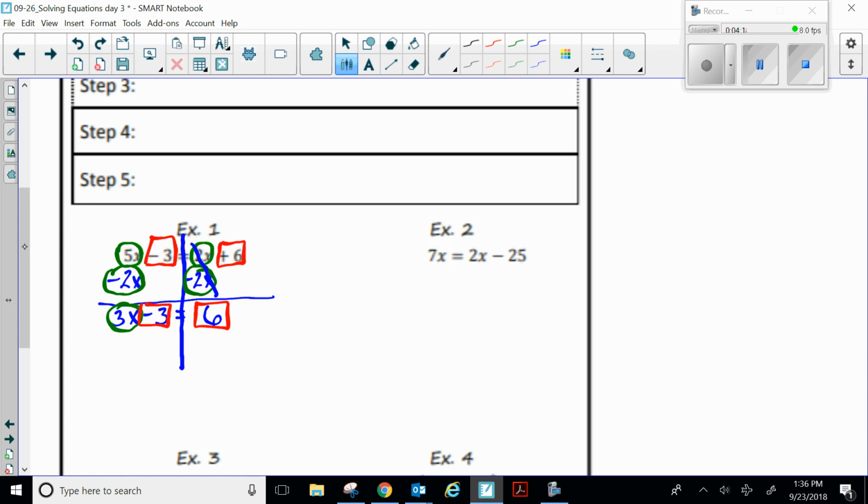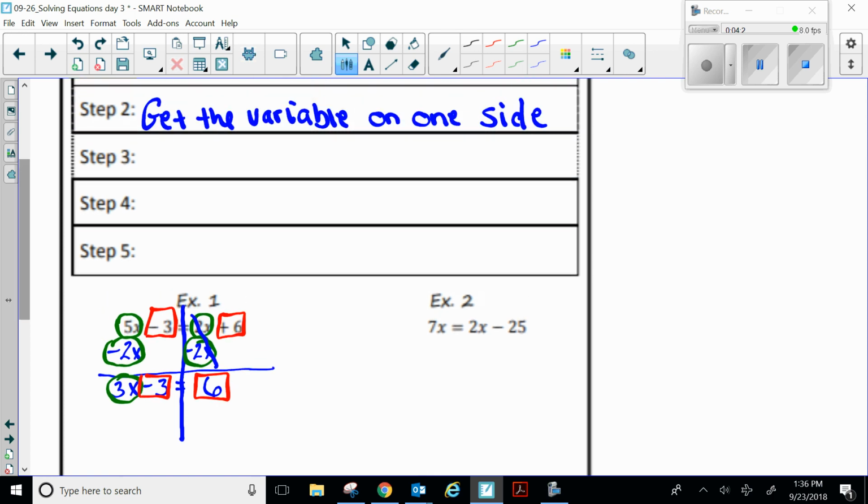So now my next step, my step 3, is to get the constant on one side. So you can see I have -3 and 6. 6 is already by itself.